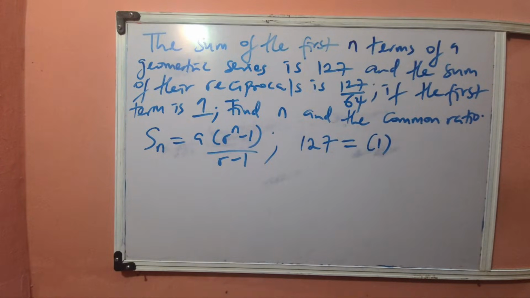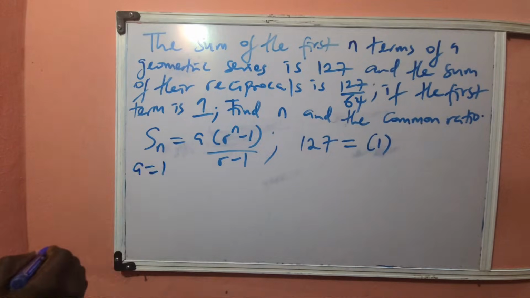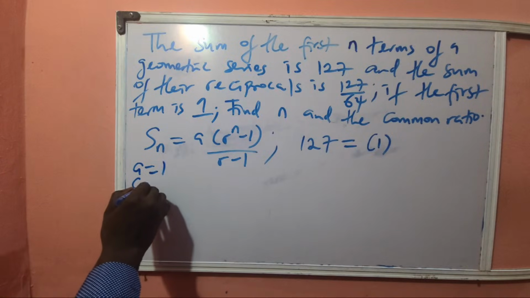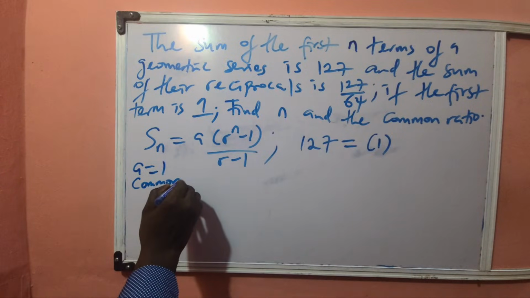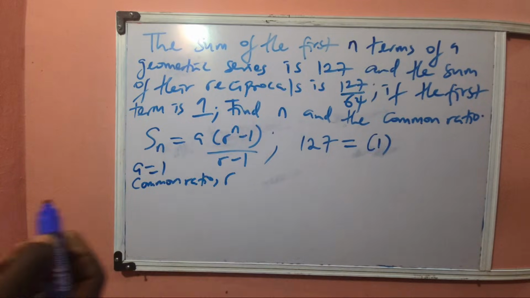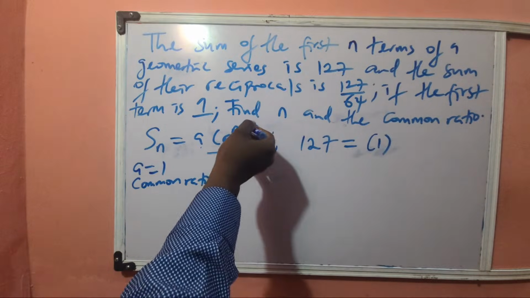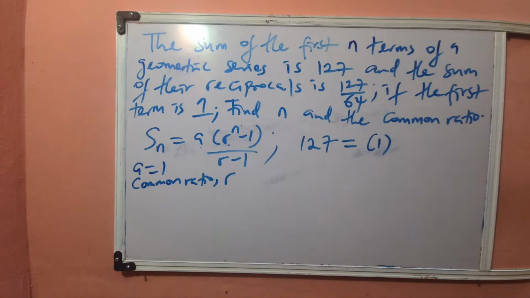There's no big deal here, right? Because we're told from the question that a is 1. And of course, you know that your common ratio is what we term as r. So a represents the first term, r represents the common ratio, n represents the number of terms. I'm sure you can define that, right?